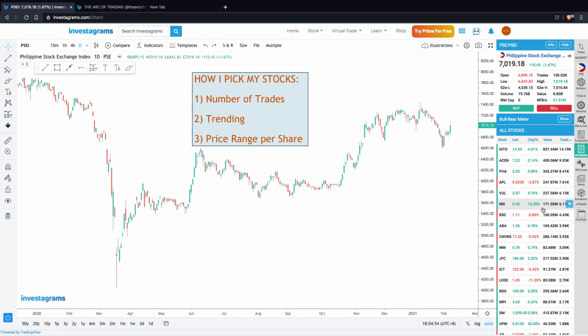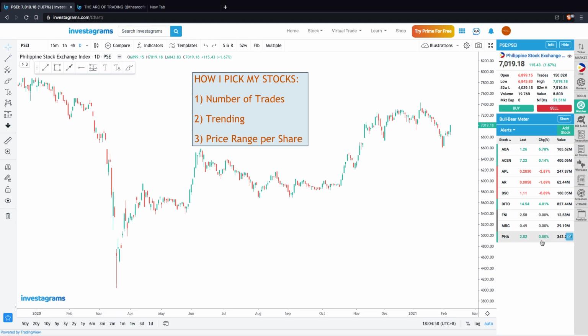So I'm watching these stocks and I put it on my watcher just like this because these were the trending ones. I mean, I added Dito because it's trending for sure, but it's above my price range. So maybe I put a little amount of money in there, but mostly I look at the stocks that are within the price range that I set.